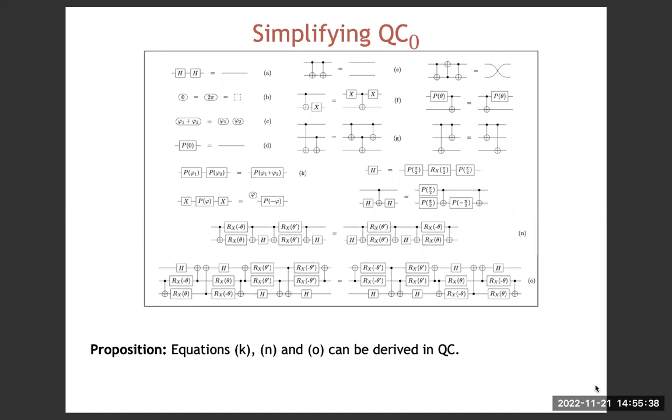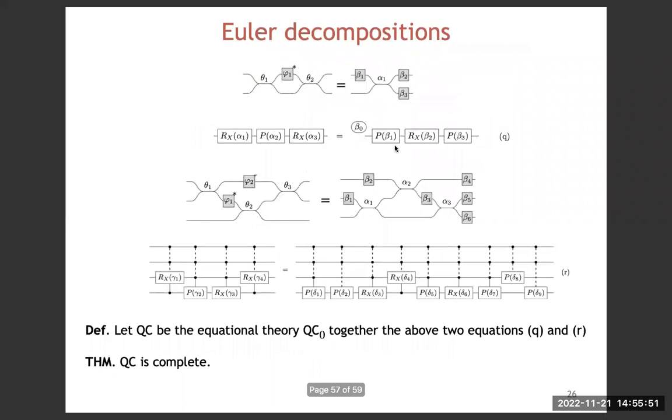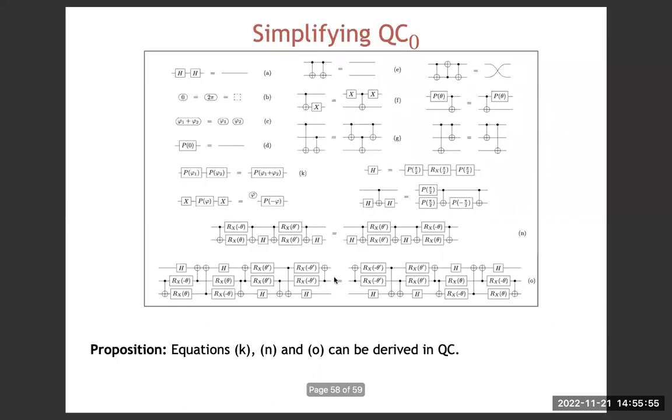I don't know. There is no proof of minimality. To repeat, QC is this QC0 augmented with these two equations, and in this QC we can get rid of K, N, and O. The other ones, I don't know. They are fairly simple, so I'm not sure that we can simplify them.